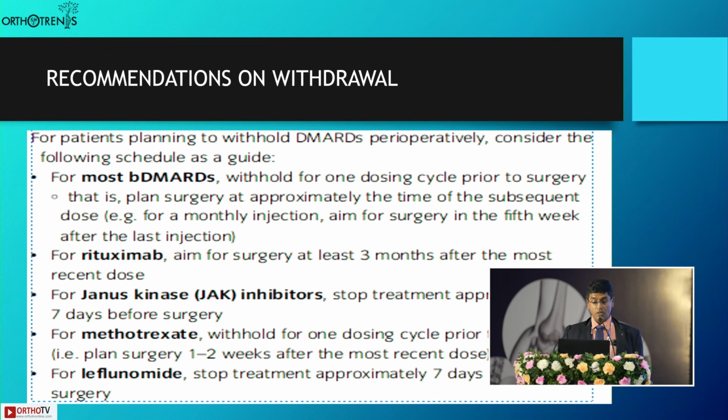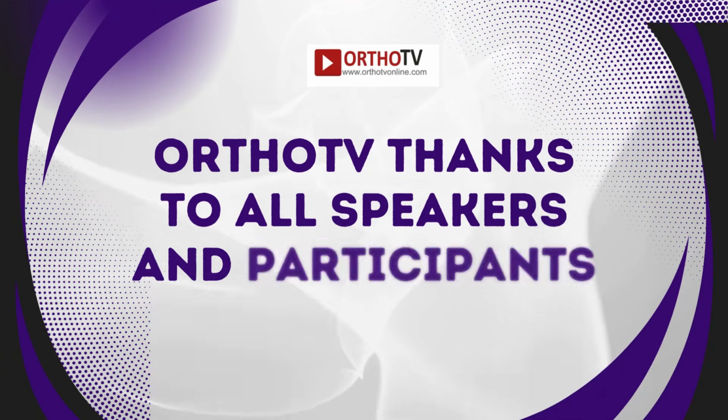For instance, if you're doing a 1 monthly dose, aim for surgery in the 5th week after the last injection. However, for rituximab, at least 3 months after the previous dose. For the JAK inhibitors, which include tofacitinib, stop treatment at least 7 days before surgery. Methotrexate, 1 to 2 weeks after the second most recent dose. Leflunomide, 7 days before the surgery. Thank you.